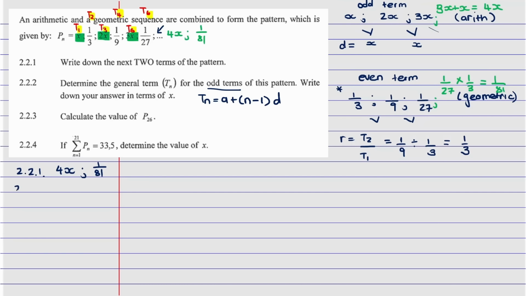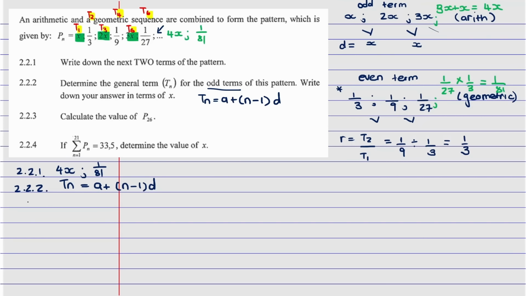So we know that the odd terms are arithmetic, and the general term for that is Tn equals a plus open bracket n minus 1, then d. Very important, our a and d are taken from this one, not from the original, because we're looking at odd terms.